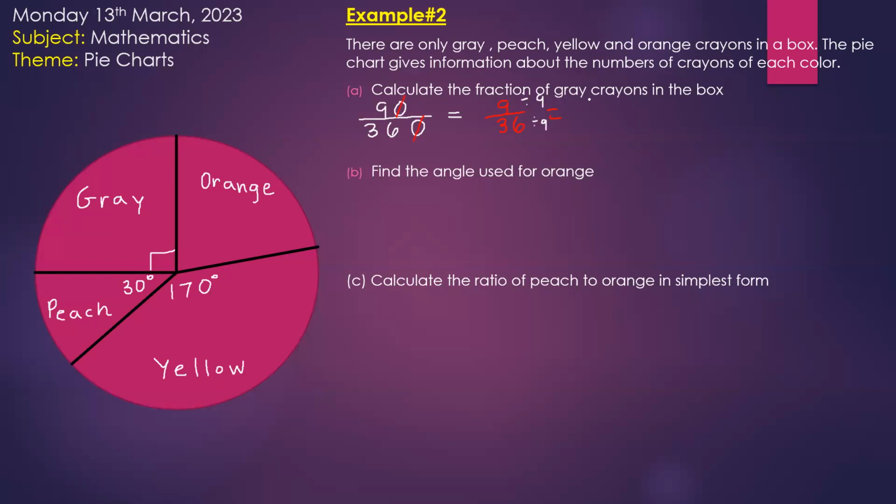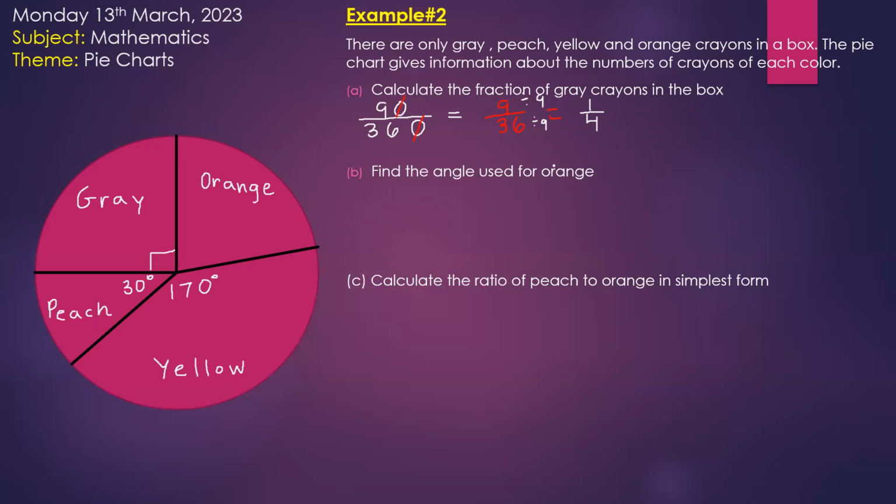Yes, it's always going to be the same thing because of the angle, at least for this question. Okay. So they can change the angle. If gray was 80, we're going to 80 over 360. Or if it was 70, it'll be 70 over 360 and so forth. So it's 1 over 4.